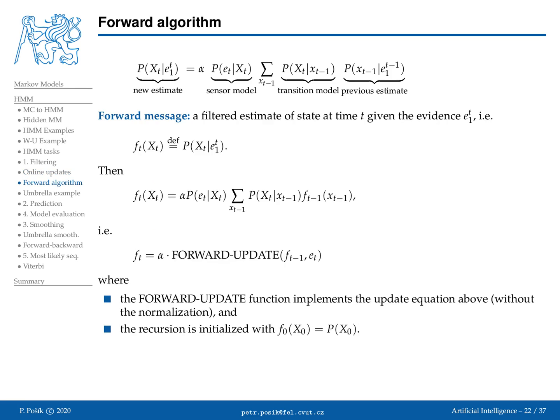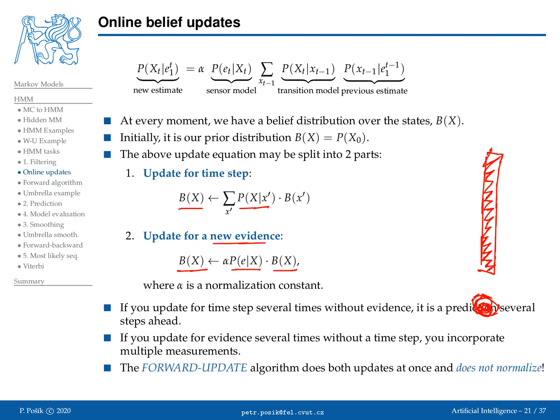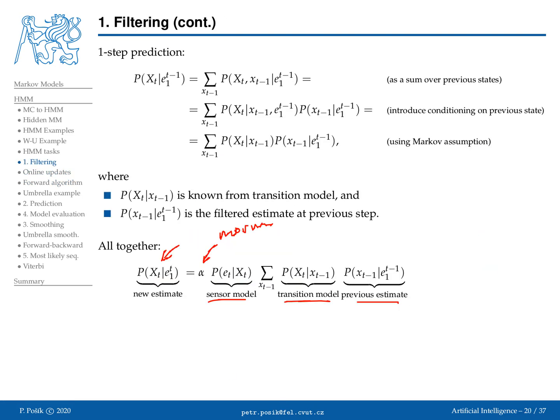So the whole forward algorithm, there may be some confusion. Let me explain it. Here I used the normal notation of probability of x_t given e_1 to t, to describe the estimate or belief distribution over the hidden states.